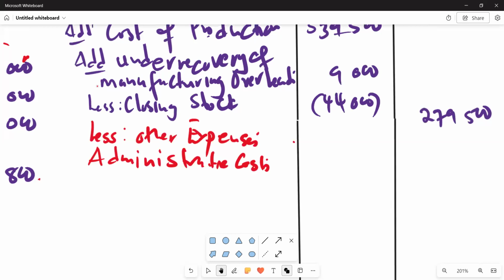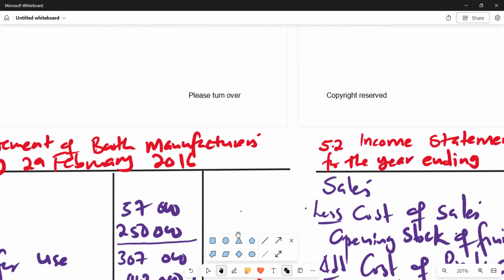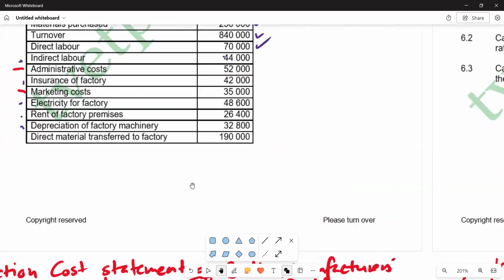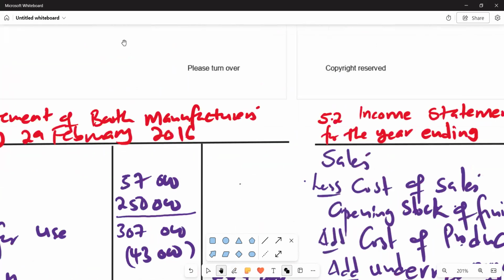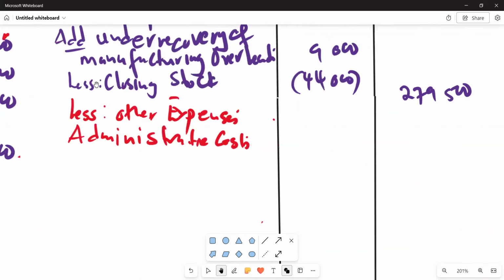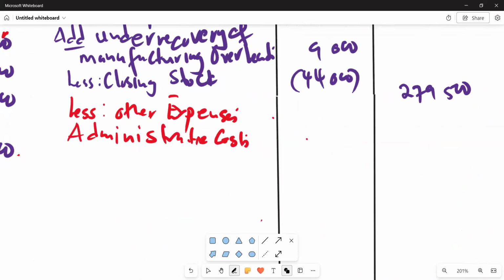Let's just try to verify the actual amounts. Administrative is 52,000. And then also marketing cost, which is 35,000.